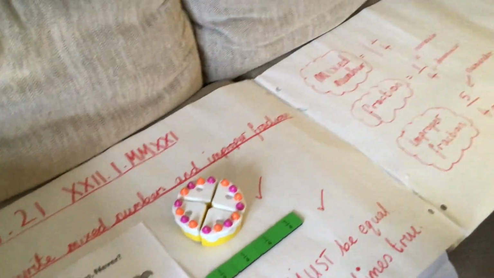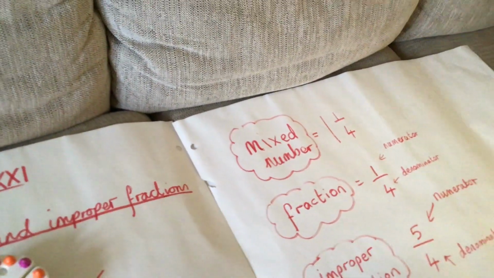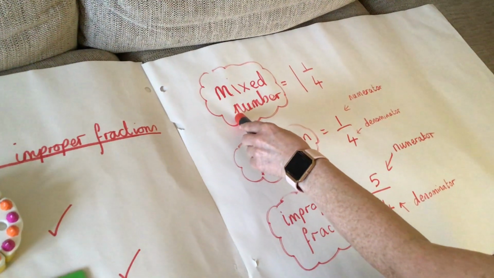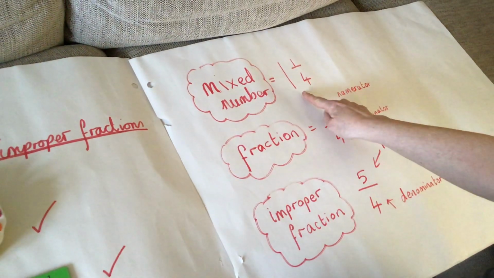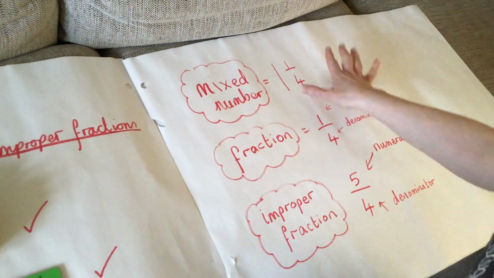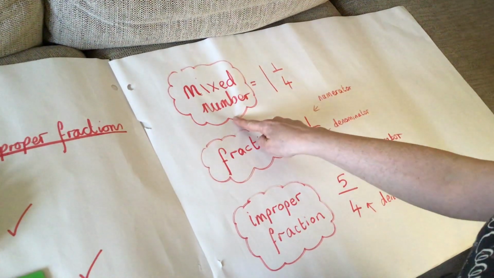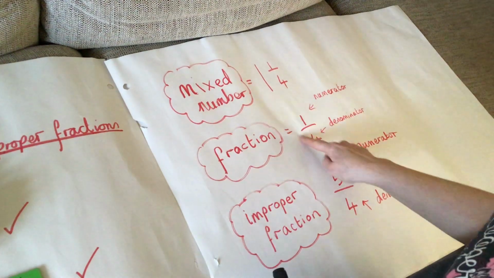Let's look at some vocabulary, some words that you are going to be needing in this maths lesson today. We've already talked about mixed numbers. Remember, a mixed number is a whole number and a fraction written together, 1 1/4, a mixed number. A fraction looks like this.